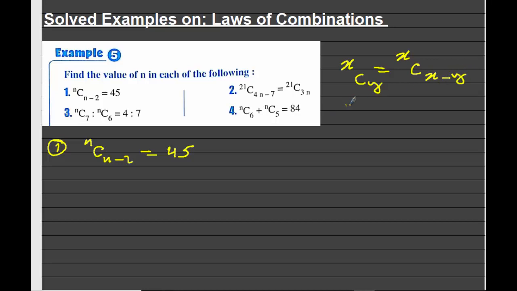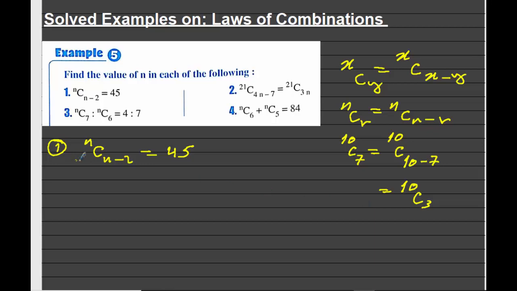Also again in another form, if you have nCr, you can write it in this form. It is a law, nC(n-r). In numbers, if you have 10C7, you can write it in another form, 10C(10-7), which equals 10C3.